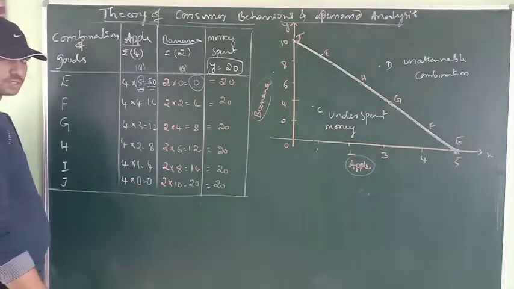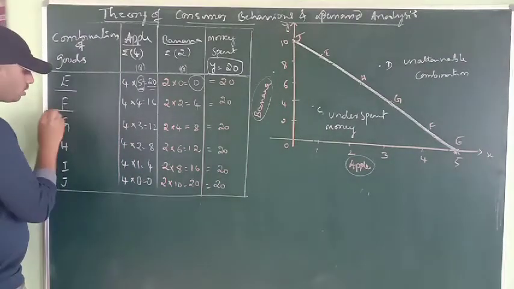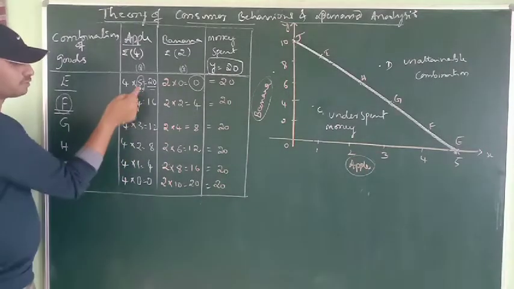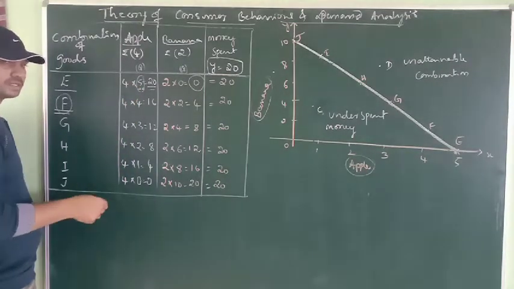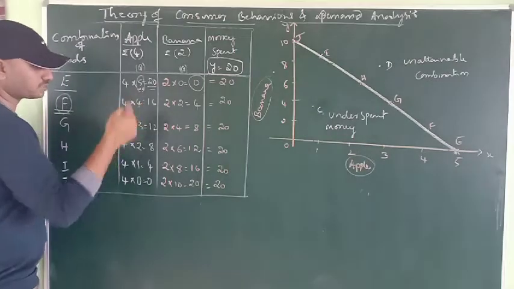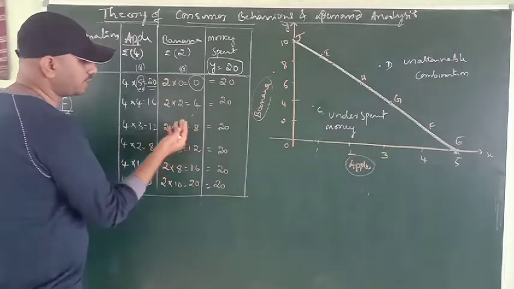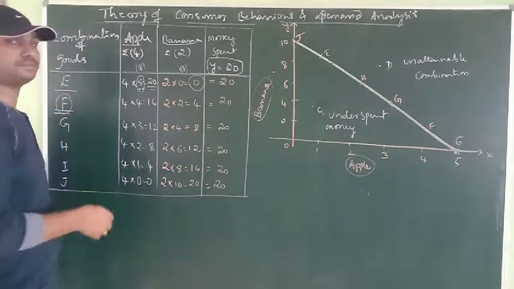of X. In such a case, he will go for another combination, called F, where he has decreased the quantity from 5 units to 4 units. Then 4 into 4 leads to 16 rupees spent. At the same time, he has 4 rupees left, and out of 4 rupees he can get 2 units of banana.